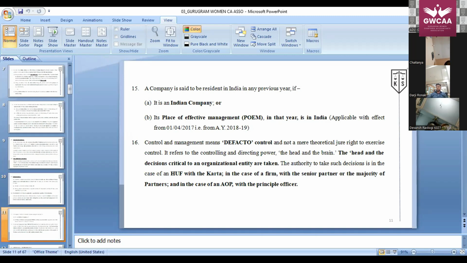Then the most important thing that has been derived by the judicial precedent is that the burden of proving his residential status is on the taxpayer. The taxpayer has to prove the residential status.